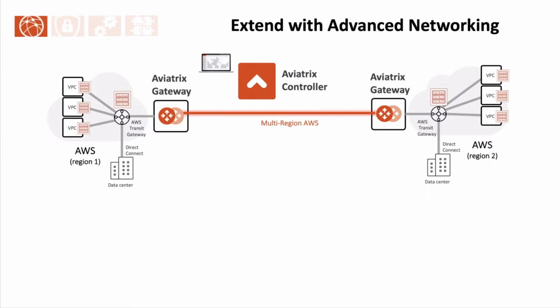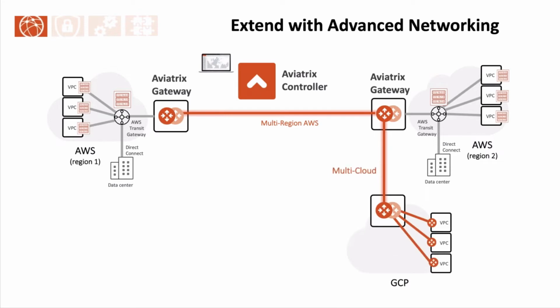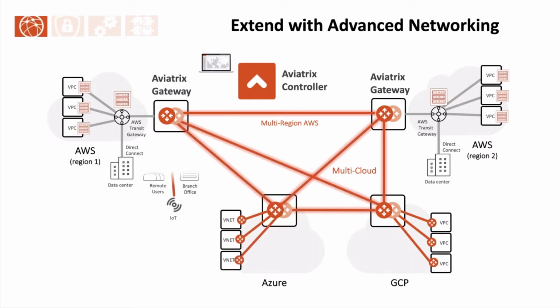So to solve this, one of our advanced features is to add the Aviatrix gateway, and this allows you to have multiple region connectivity within the AWS cloud. That same gateway can provide extended multi-cloud connectivity into a Google Cloud platform or over into Azure.